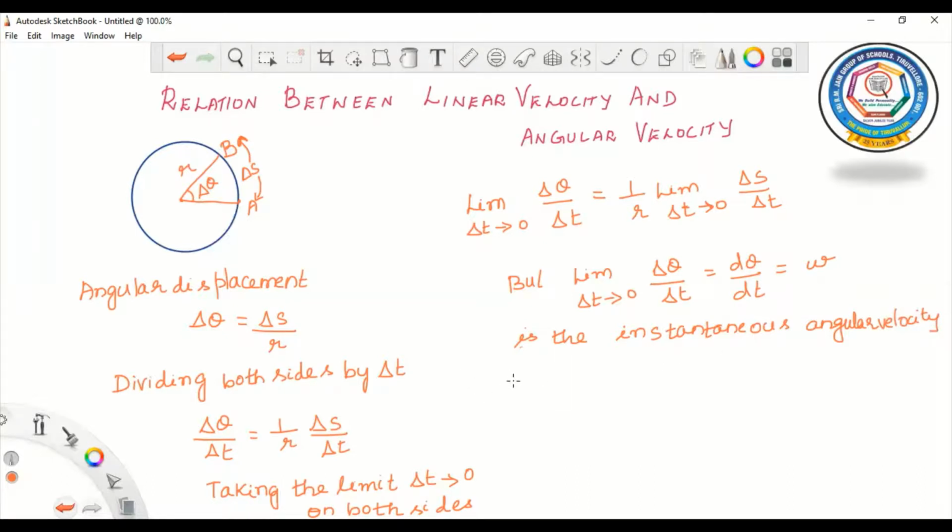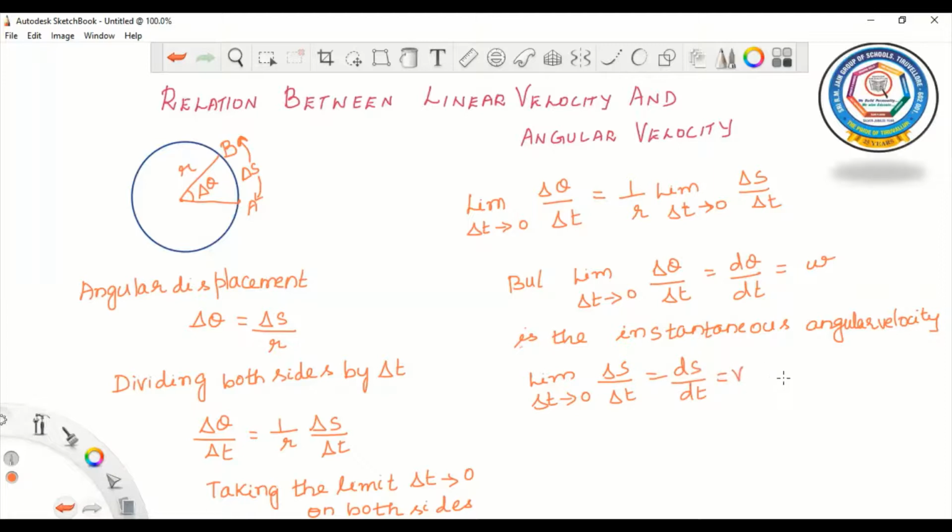And limit del t tends to 0, we have one more, del s by del t. This del s by del t is equal to ds by dt, which is nothing but v.